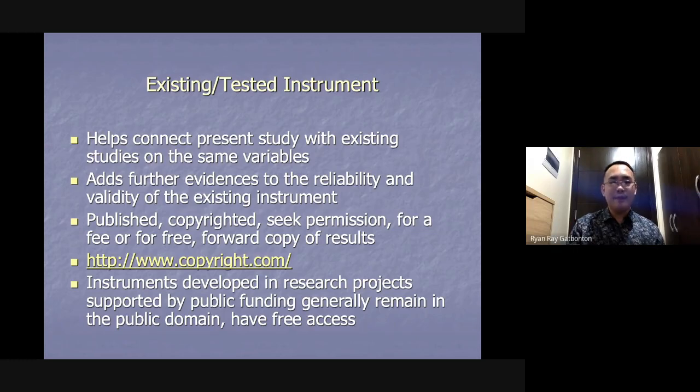But if you cannot find whom you should ask permission from for your tool, you can go to copyright.com. You can try to ask for permission for the tool that you will use.